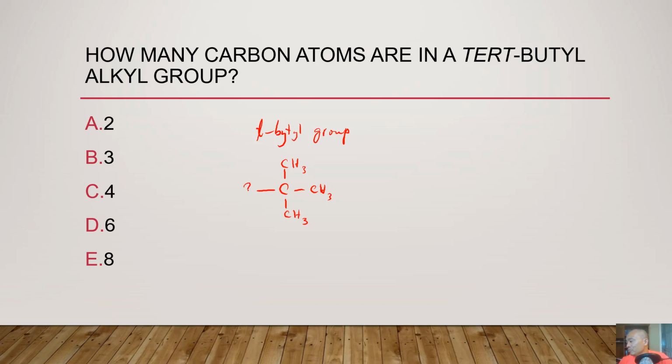The question mark means it's connected with another structure, but this is called a T-butyl group. You see, it's a butyl. So it's 4, because but means 4.